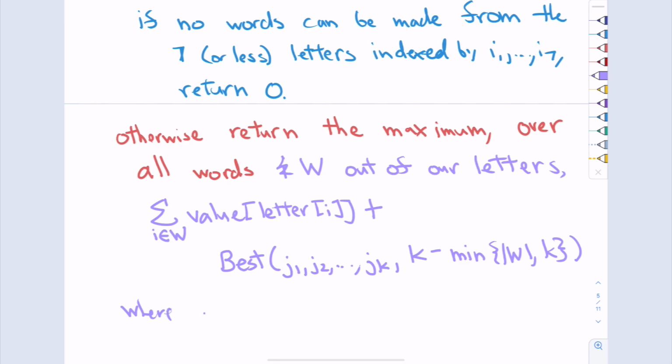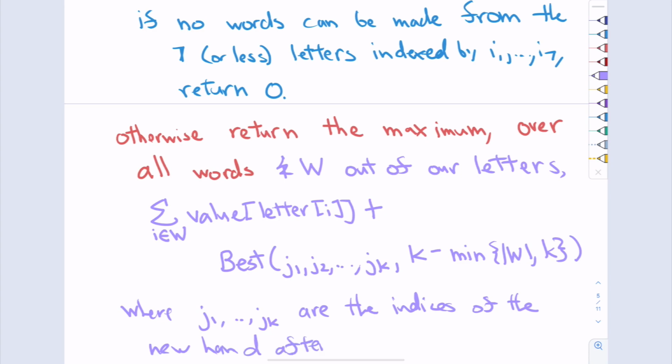Where J1 through JK are the indices of the new hand after using the letters in W or something. Oh, it should be 7. I'm not sure why.